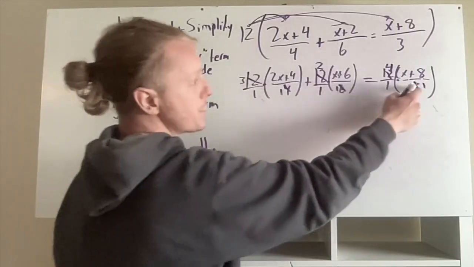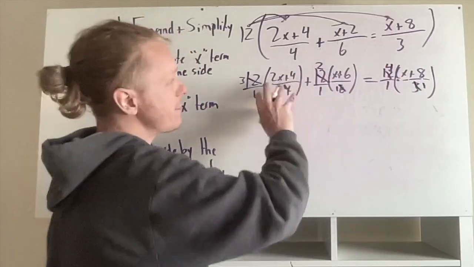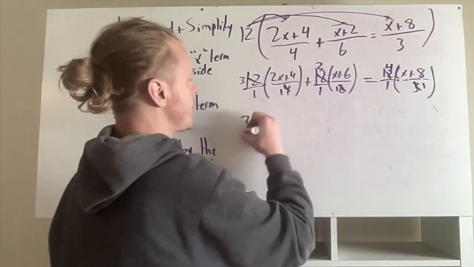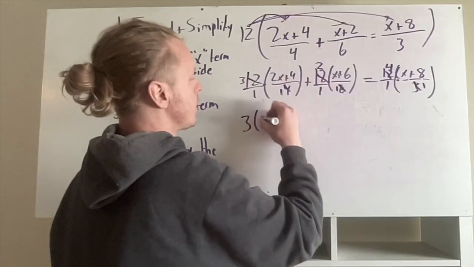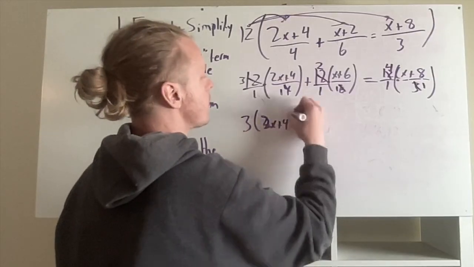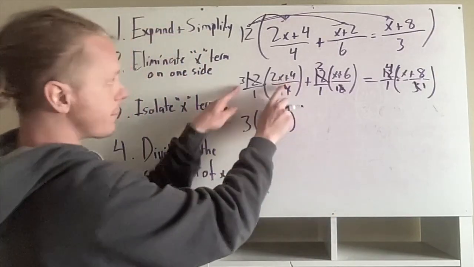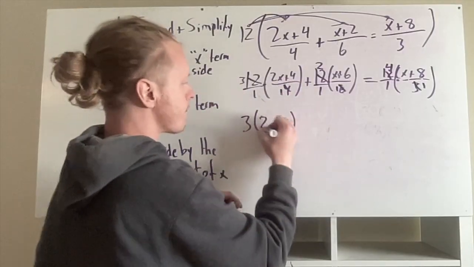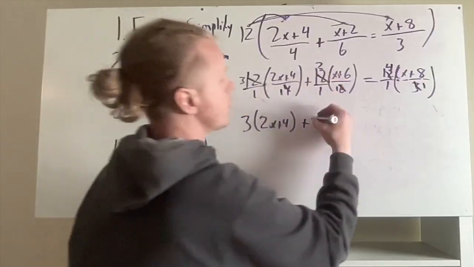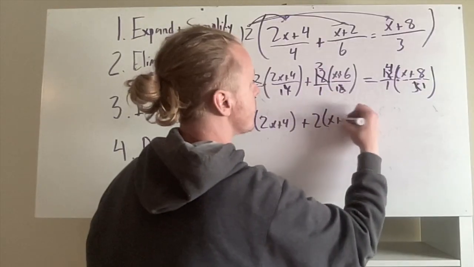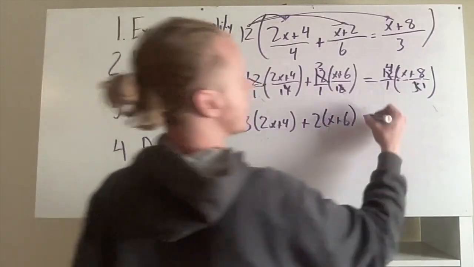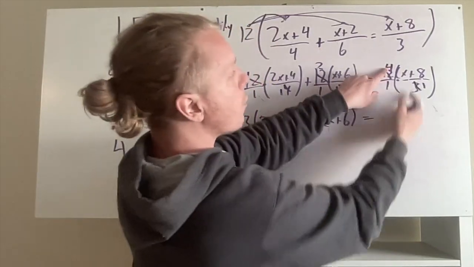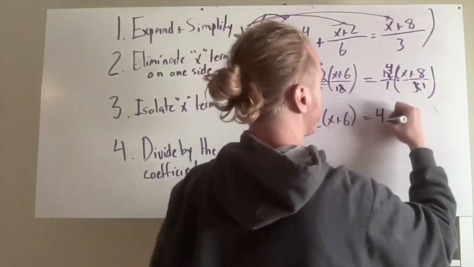All the denominators turned into 1s, so I don't even need to write them anymore. We have 3 times 2x plus 4, right? That's all that was left, 3 times 2x plus 4, plus 2 times x plus 6 equals 4 times x plus 8.